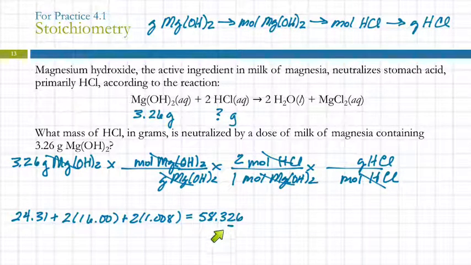Sig figs tell me this would only have 4 significant figures, but how many does my starting number have? 3. So is this number going to limit the number of sig figs in my answer? No. It should always end up that these numbers do not reduce the number of significant figures.